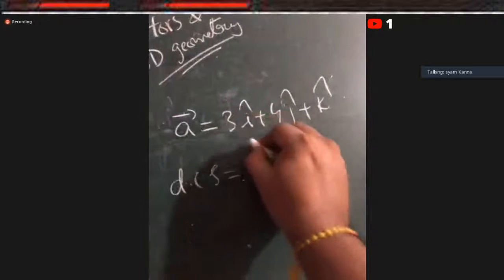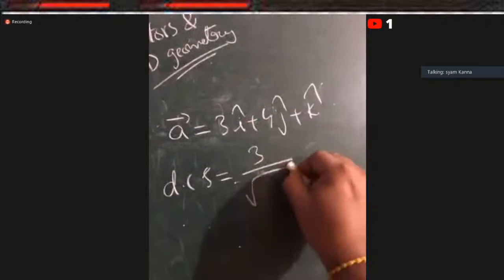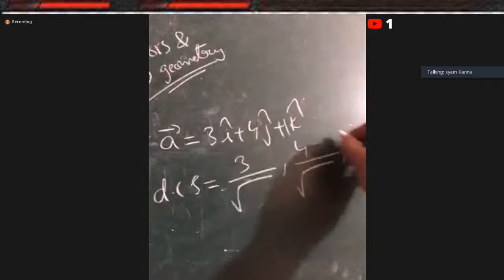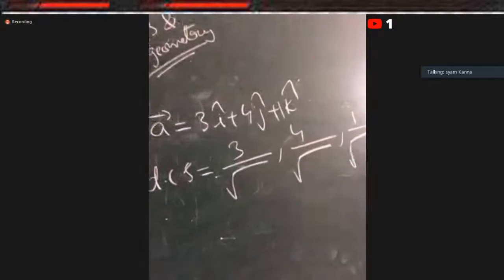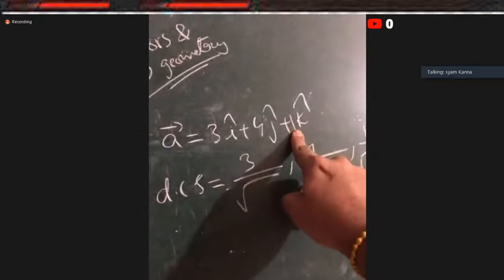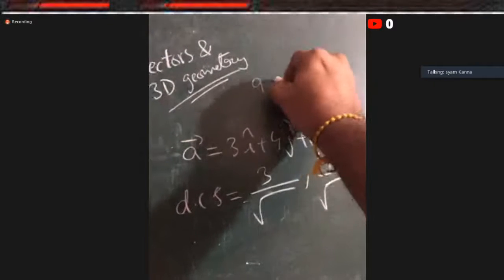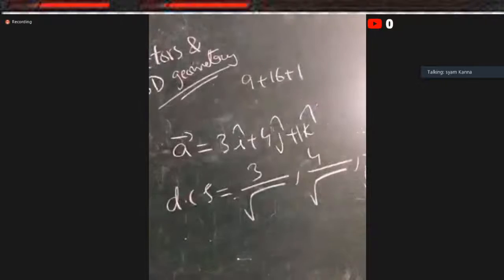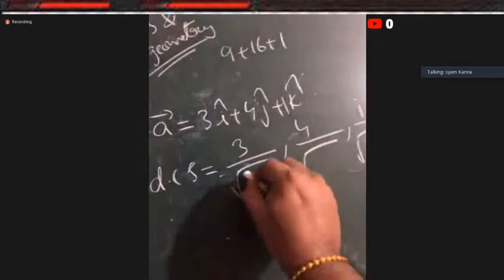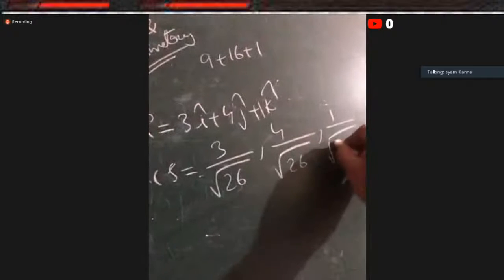So here 3 by root of, here 4 by root of, and here 1 by root of. 3 square plus 4 square plus 1 square means 9 plus 16 plus 1, means how much do you get? 26 you will get. So this will be 26, 26, 26.